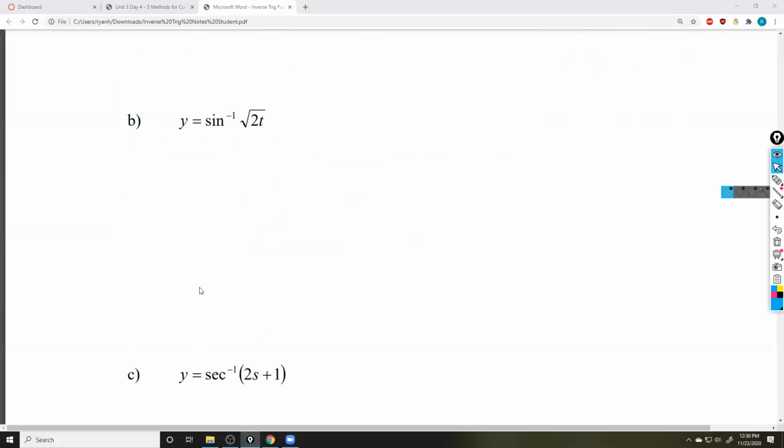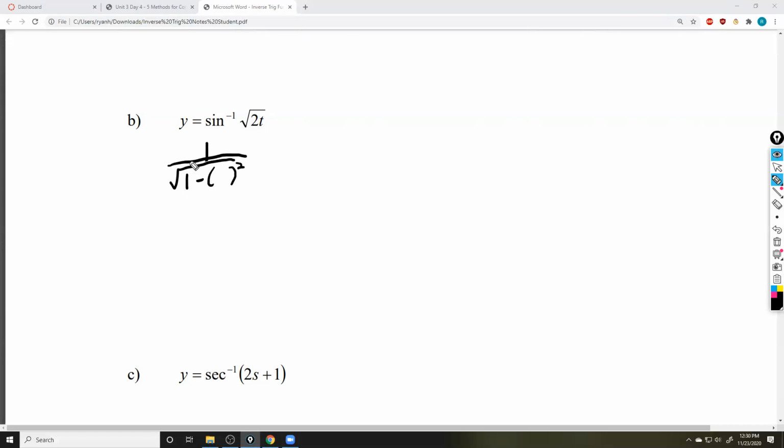Next, we've got y equals sine inverse of square root of 2t. So just like we did before, first off, we're going to outline our derivative rule for sine inverse. So our rule is 1 over the square root of 1 minus the thing squared.